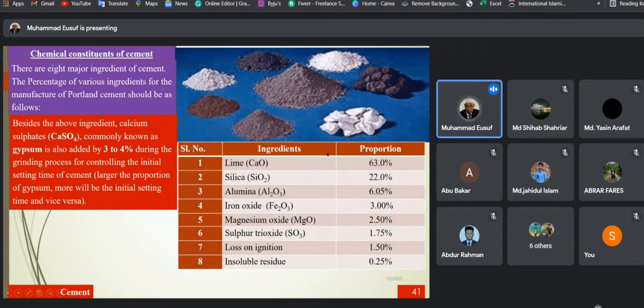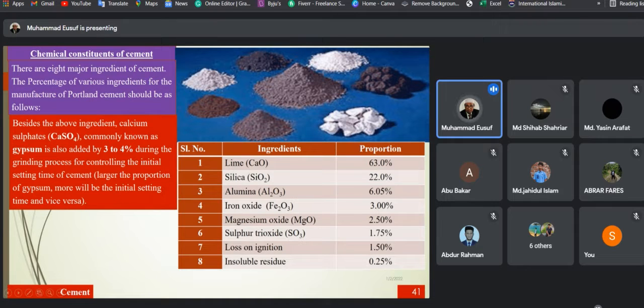In this list there is no gypsum, but you are suggested to use it. Larger the portion of gypsum, more will be the initial setting time and vice versa.